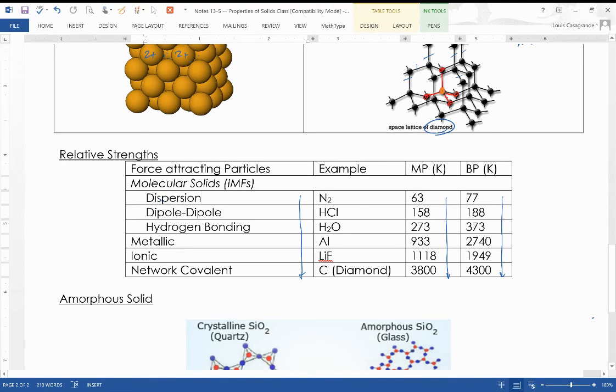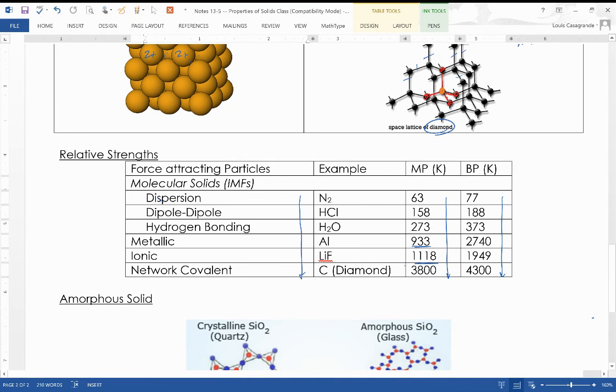So from dispersion to dipole to hydrogen bonding, we're getting stronger intermolecular forces. When we get to metallic aluminum, it's a very strong force and a very high melting point. Something like lithium fluoride has even higher melting point. And then carbon, the network covalent carbon, has a melting point over 3 times higher than that of lithium fluoride. So very hard to break it apart, very strong.